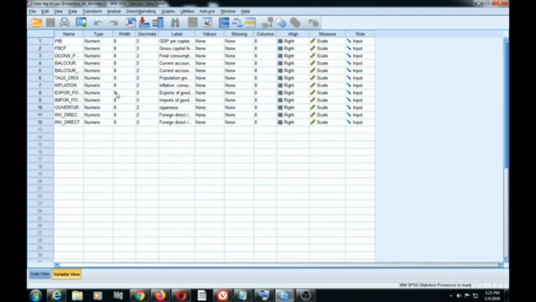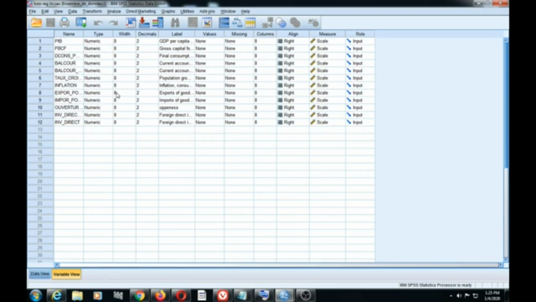For this example, we'll take a database on country macroeconomic indicators. We run multilinear regression to show you how we can use it to explain fluctuation of GDP, which stands for gross domestic product.